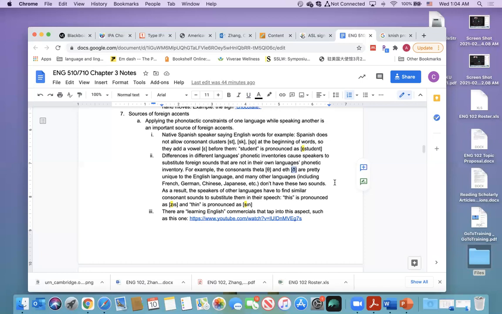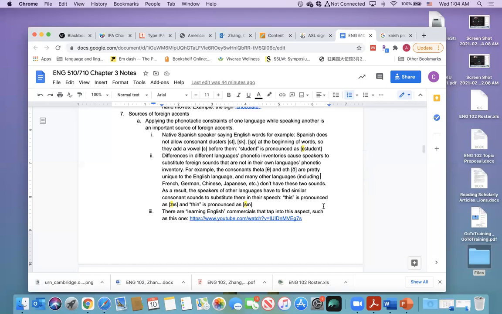Chinese is one language that does not have these two sounds. And so when a native Chinese speaker is learning to speak English words, they often have to substitute these sounds with sounds that are similar. And so this becomes dis, and thin becomes sin.